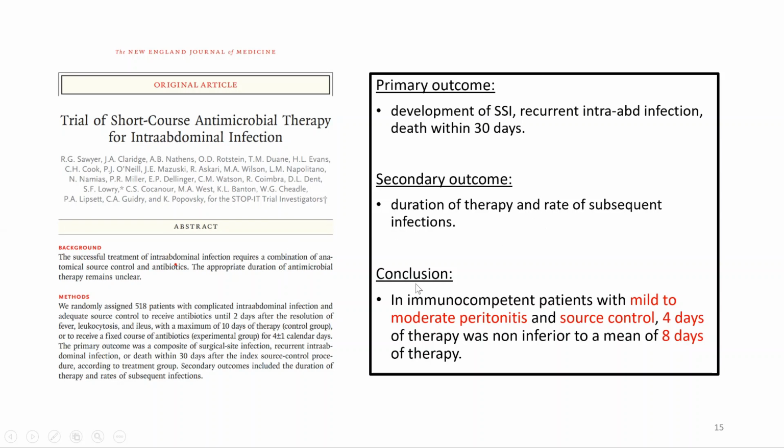The conclusion from this study is that in immunocompetent patients with mild to moderate peritonitis, with appropriate source control, 4 days of therapy was non-inferior in terms of outcome to a mean of 8 days of therapy. So we are going for a shorter course rather than a prolonged course.